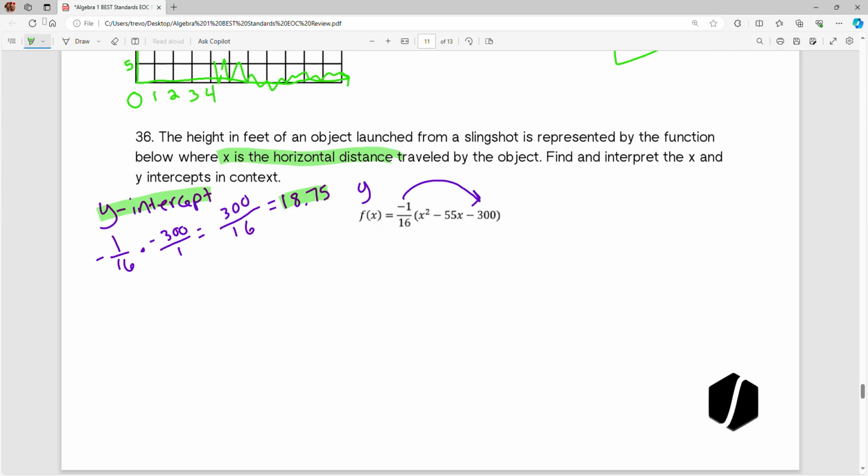I'm going to use the quadratic formula, which they do give you on your reference sheet. So that's where I'm going.